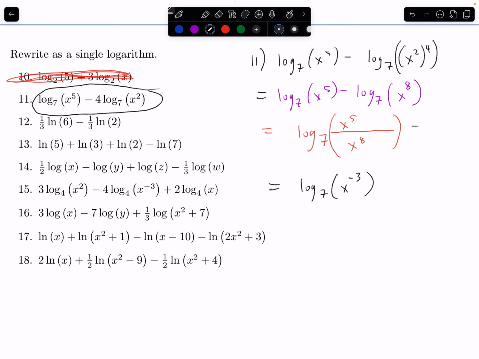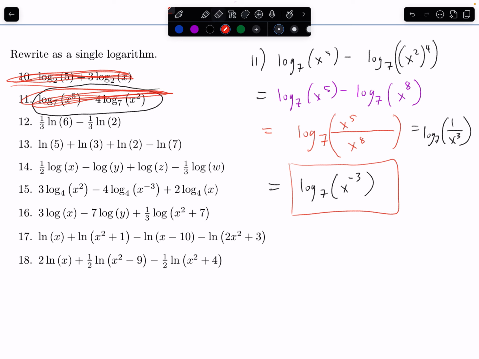All right, think about it like this. If you want an extra step here, this cancels 5 of the x's, right? So that's 3 left over in the bottom, 1 over x to the 3rd, which is just x to the negative 3. Okay, so I got log base 7 of x to the negative 3 in the end. That's what you end up with. Okay, so that's number 11.